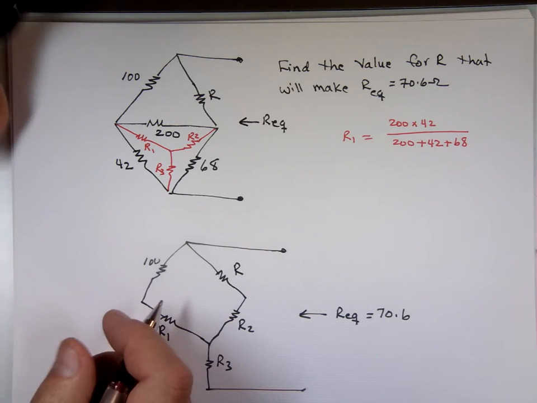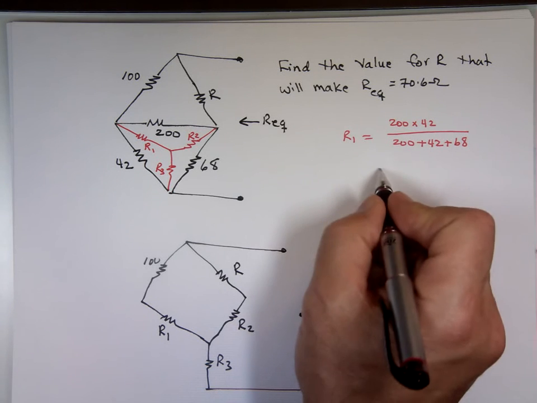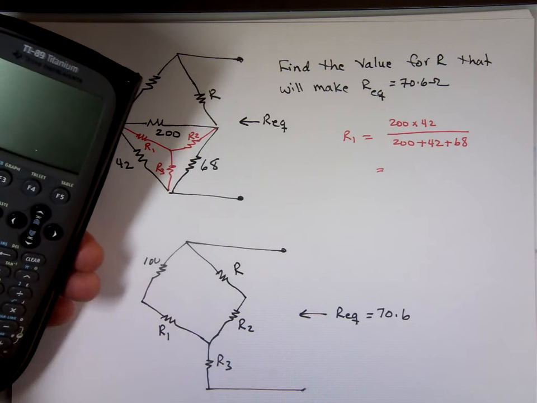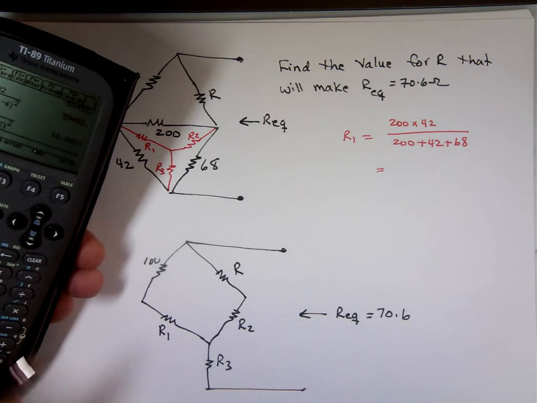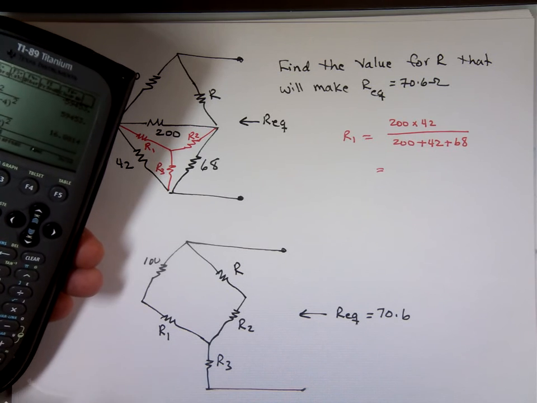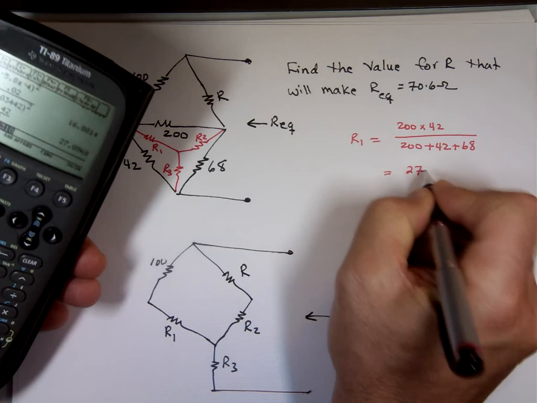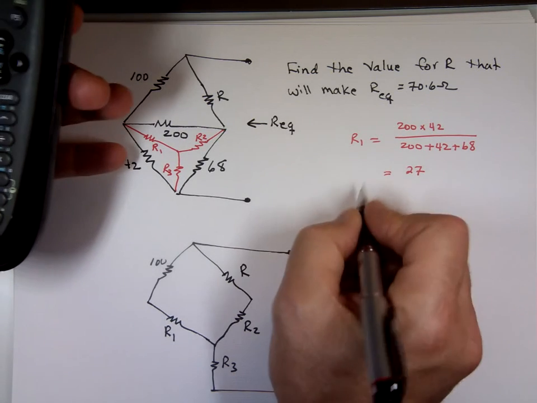Is that 300 on the bottom? No, more. 310. So let's see what that number is. 200 times 42 divided by 310. 27 roughly. 27.1. 27 is good.